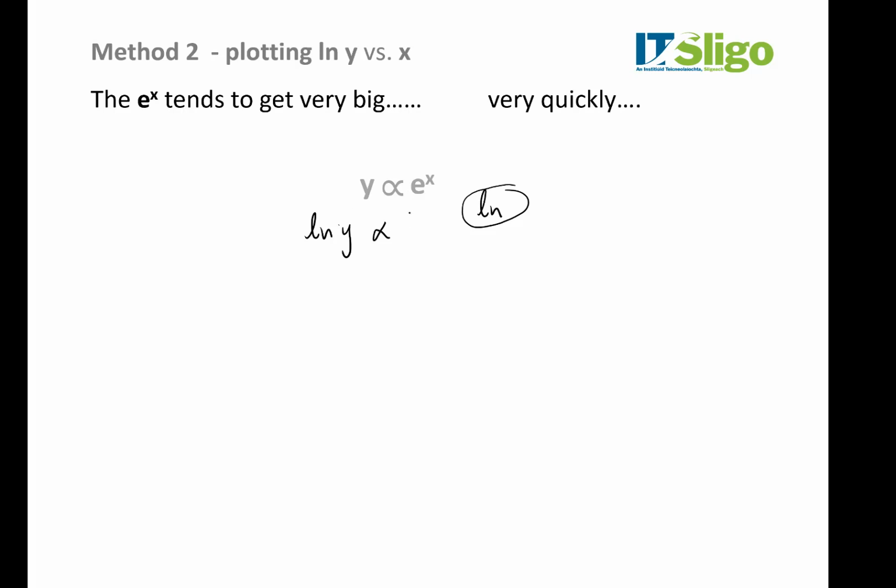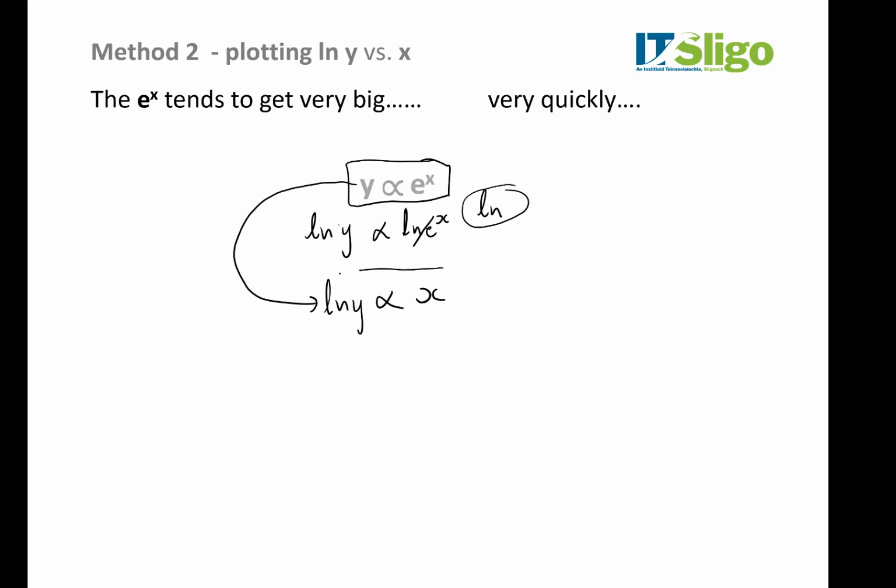You just do the same thing to both sides and everything is okay. On the right hand side, those will cancel out. So now we'll have the natural log of y is proportional to x. So these are the same statement. The top one is just an exponential statement. The bottom one is saying the exact same thing, but in terms of logs.